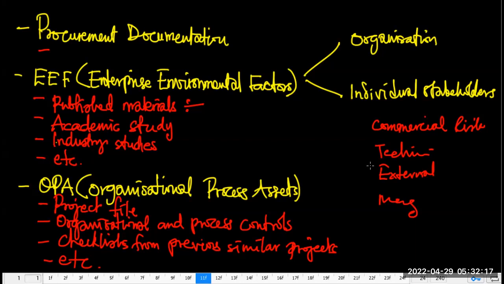Let's say scope definition. Scope definition is under technical risk. So you can think around it: with respect to scope definition, are there any risks? With this particular project, am I sure that the scope has been properly defined? If the scope is not properly defined, there's likely to be risk emanating from it. So that would draw attention to the fact that you are likely to have some risk from that end.